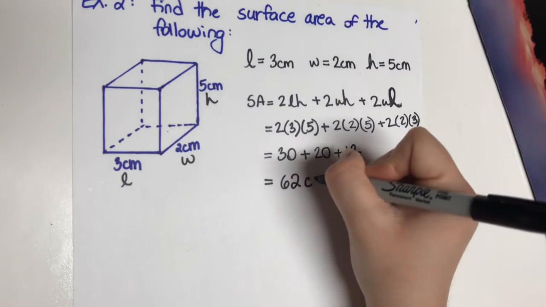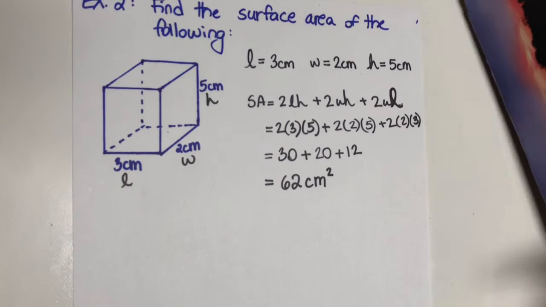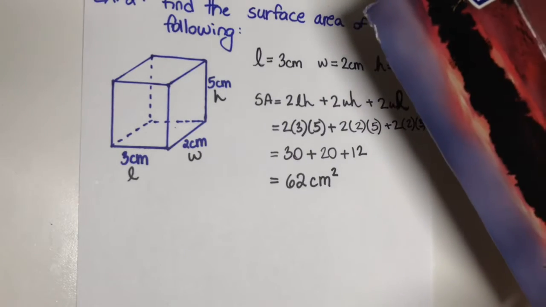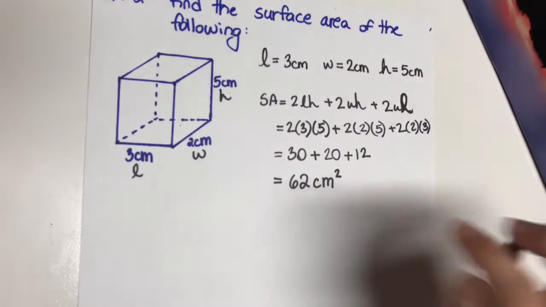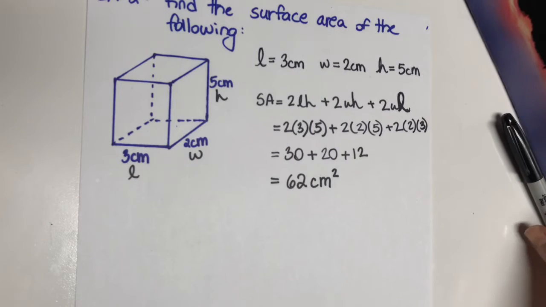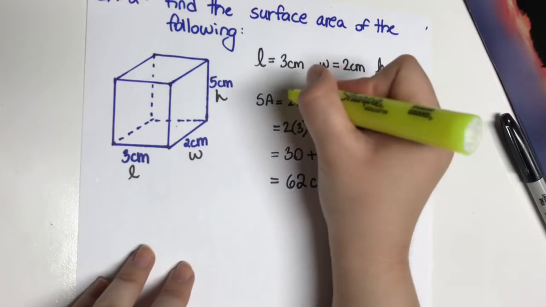And my unit, centimeters squared. So that means that if I take all of the surfaces on this rectangular prism, on this box, and add together the area of each of the individual surfaces, for this box I would get 62 centimeters squared.